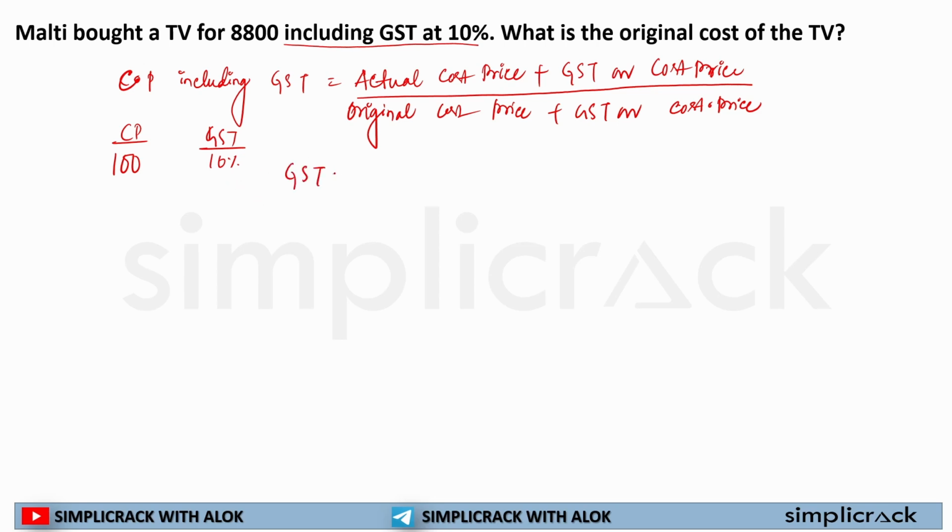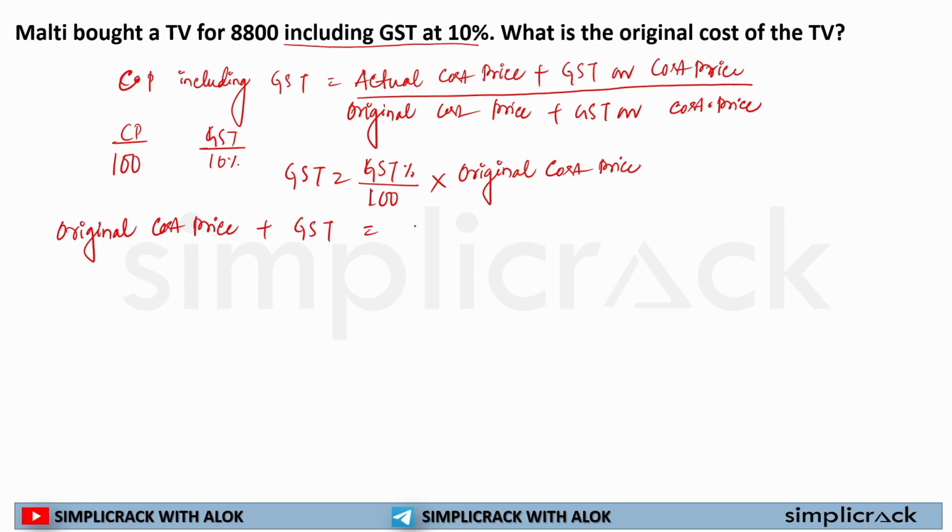So I can write GST value is equal to GST percentage divided by 100 multiplied by original cost price. Or I can write it like this: original cost price plus GST value is equal to cost price including GST.